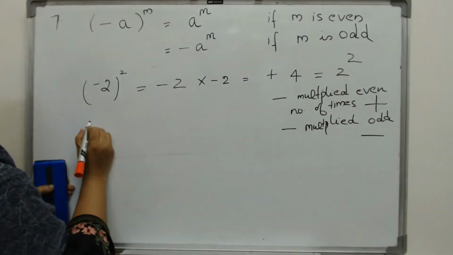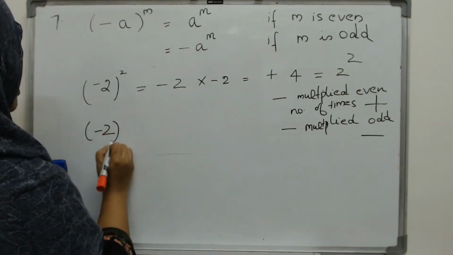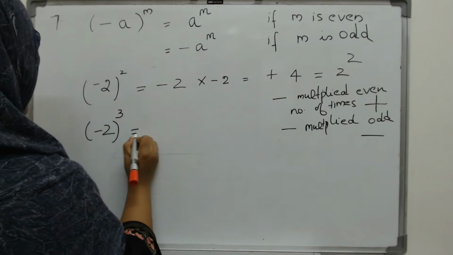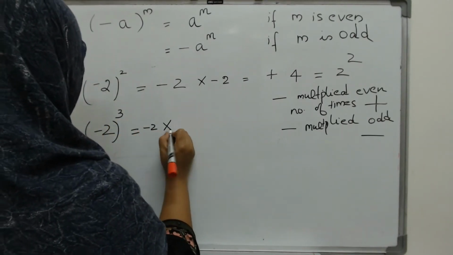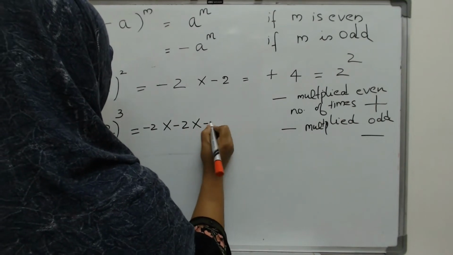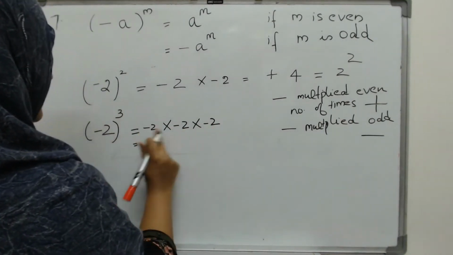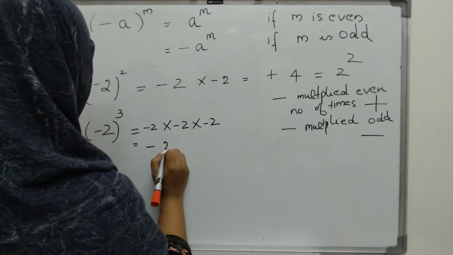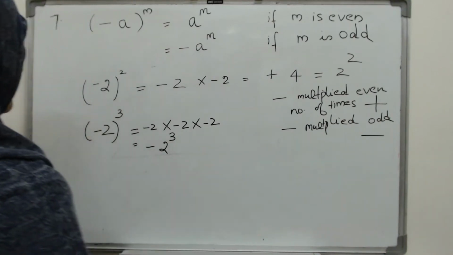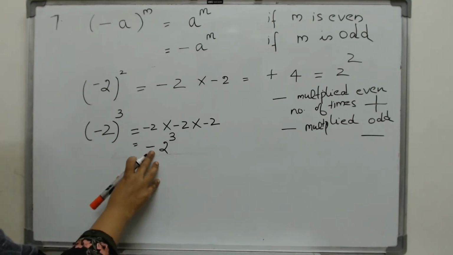So now what about minus 2 cube, raised to 3? That is minus 2 multiplied 3 times. With 3 negative signs, the answer will also have a minus sign. It is the same as minus 2 cube.